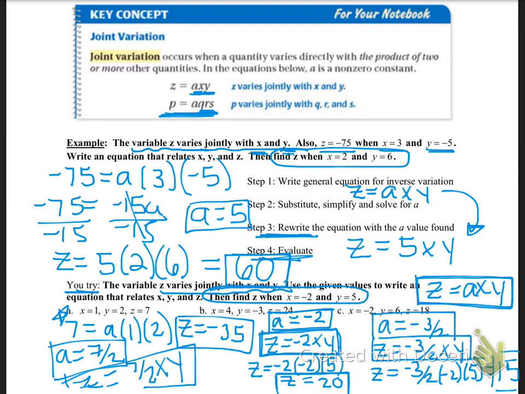In C, plugged in 18, so 18 equals a times -2 times 6. Well, -2 times 6 is -12. 18 divided by -12 is -3/2. Then you plug in your -2 for x, your 5 for y, and I got z equals 15.